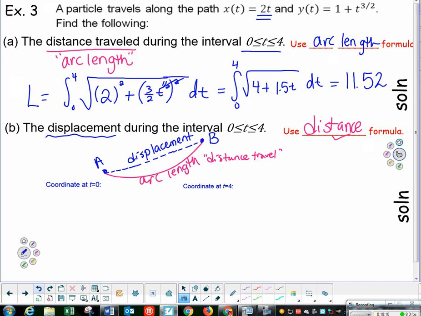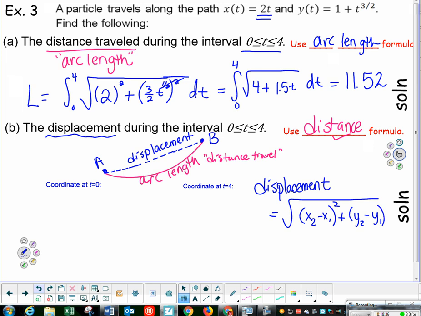All right, in order to use distance formula, what the heck is the distance formula, you ask? Well, displacement will equal the square root of the difference of the x's. How'd you usually write that? x2 minus x1 quantity squared plus y2 minus y1 quantity squared.